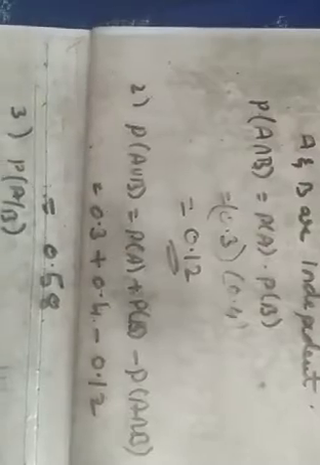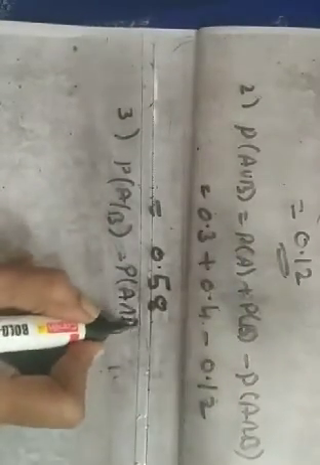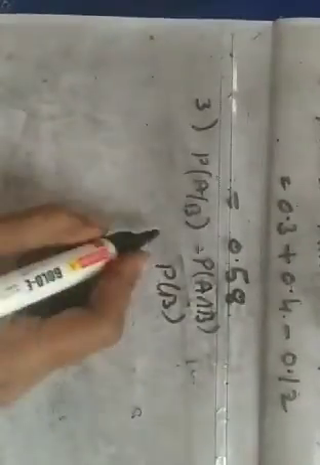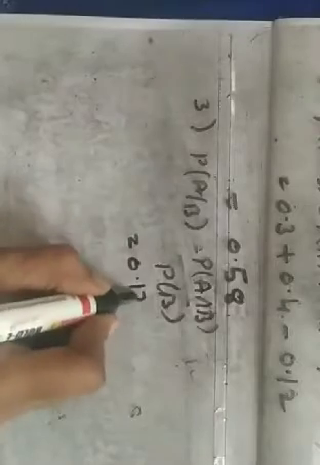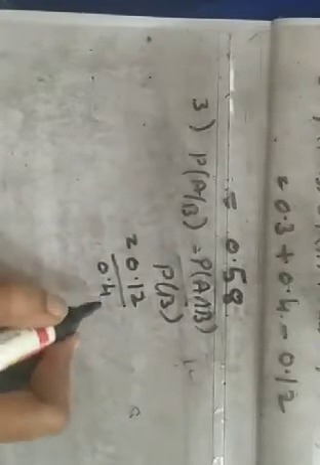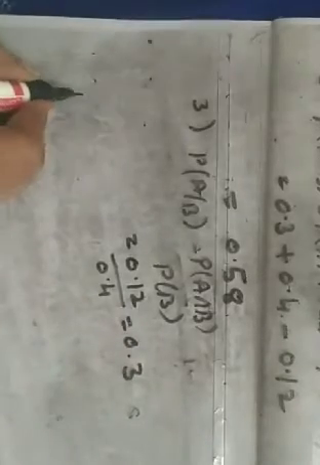Next, third one, P of A by B. P of A by B is P of A intersection B divided by P of B. What is intersection? 0.12 divided by P of B, that is 0.4, which is equal to 0.3.